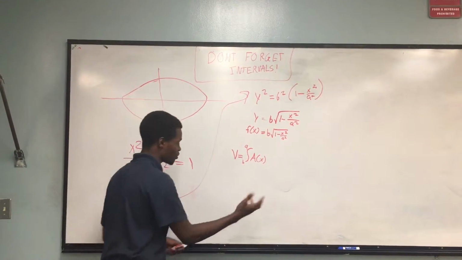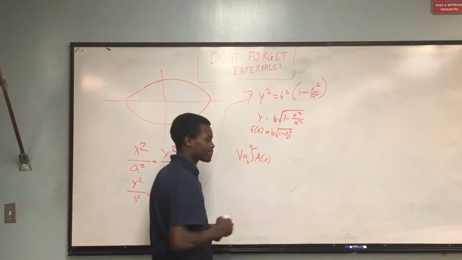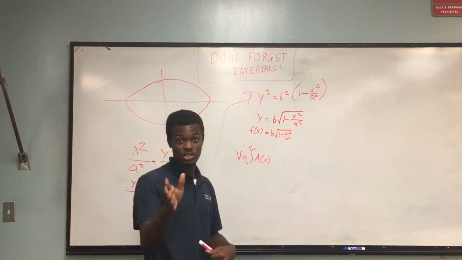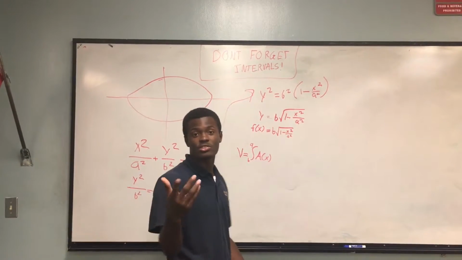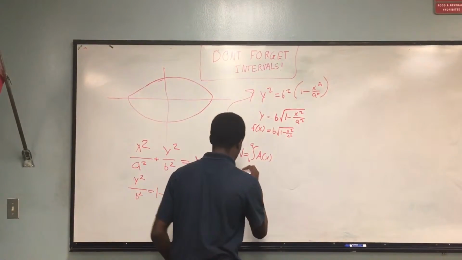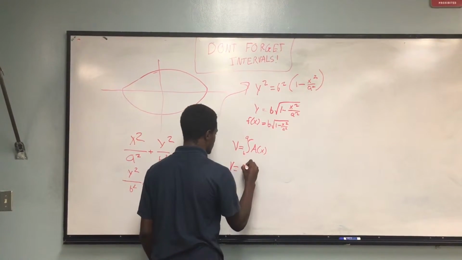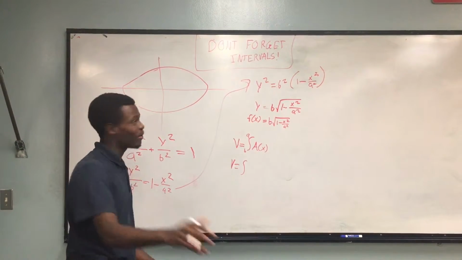Okay, so continuing on. Now, what is A of x? Using this method, A of x will be pi times f of x squared. So instead of having A of x here, we're going to plug that in. V is equal to... and we're also going to plug in our intervals. I forgot to put it here, I apologize.